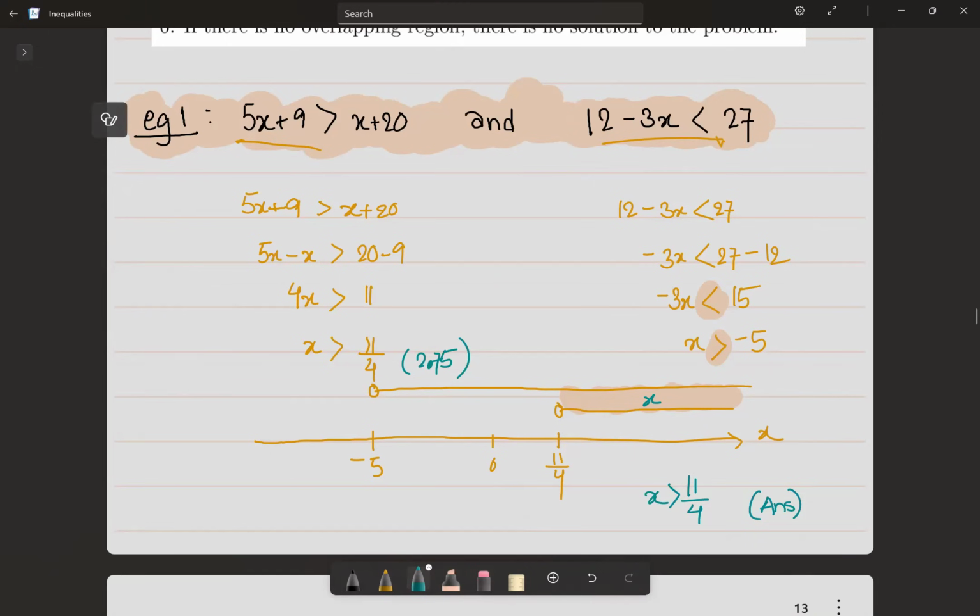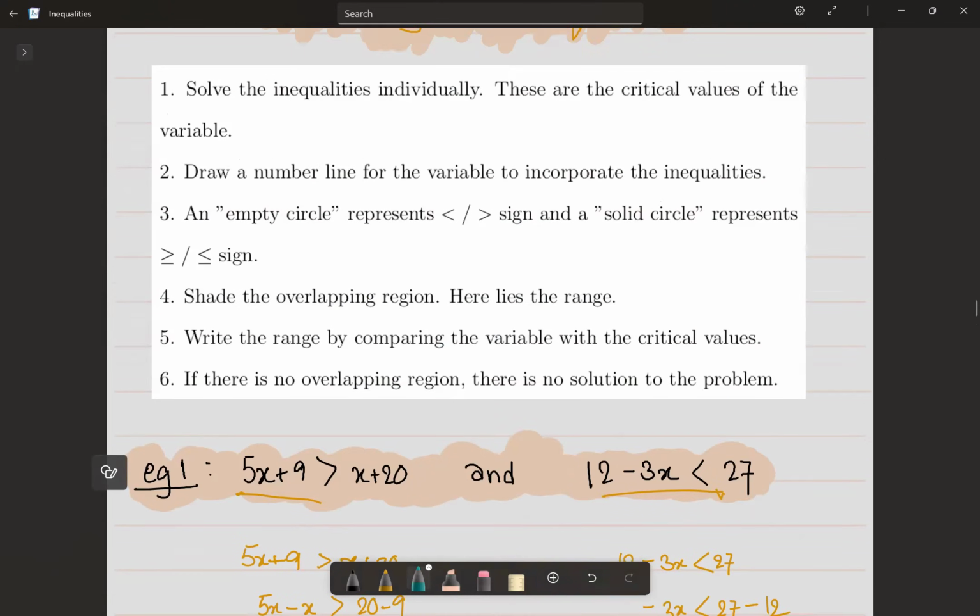When we are drawing the number line, we have to make sure that for greater than or less than signs, we represent them using an empty circle at the critical values of x.